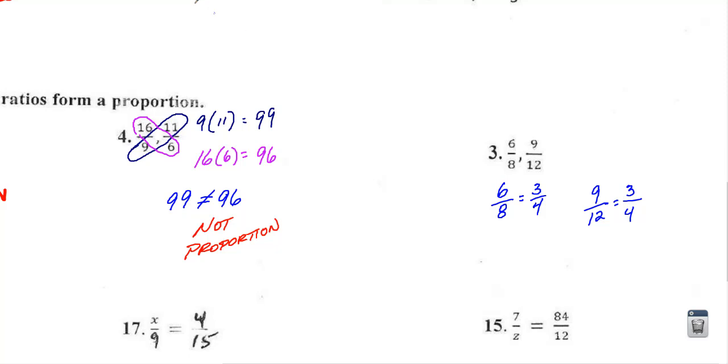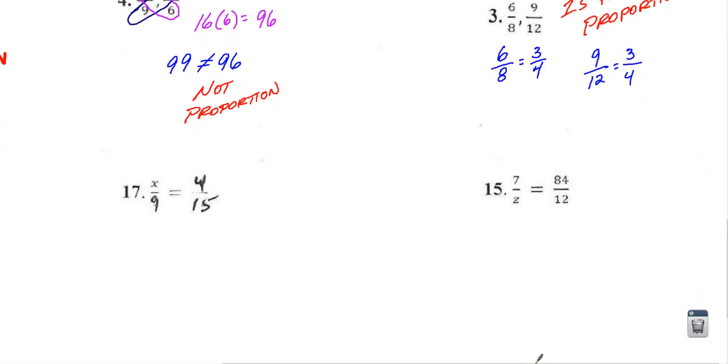Since those simplify to the same ratio, this is a proportion. So it doesn't matter which method you use, whether you use the cross products or you use the simplifying, either one will let you figure out whether something is or is not a proportion.